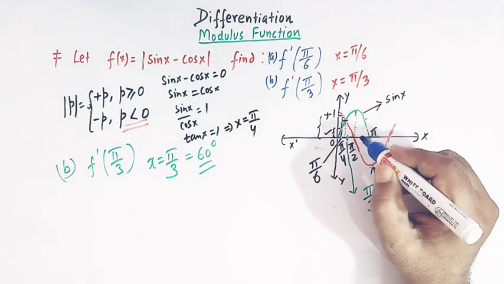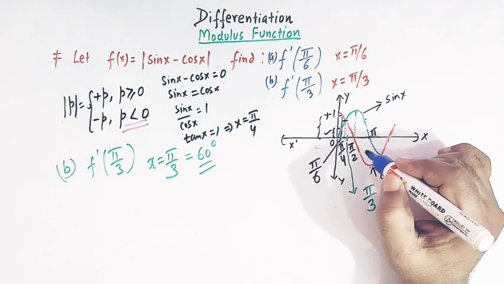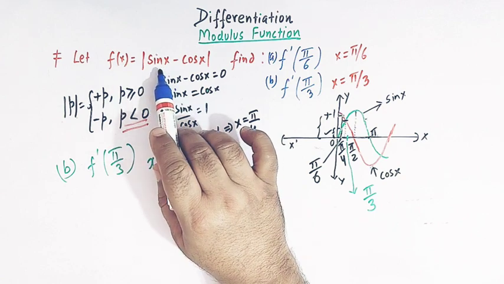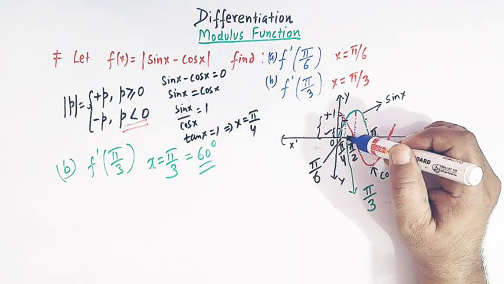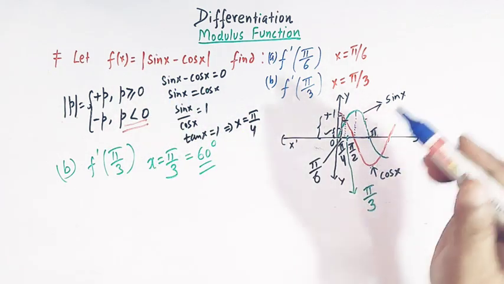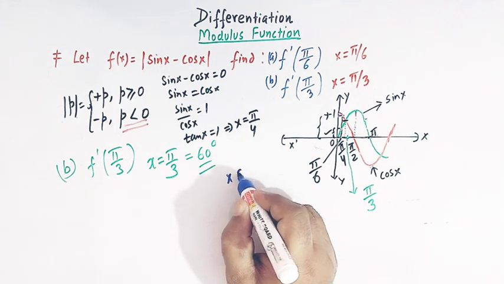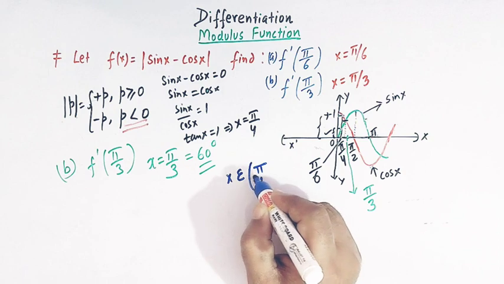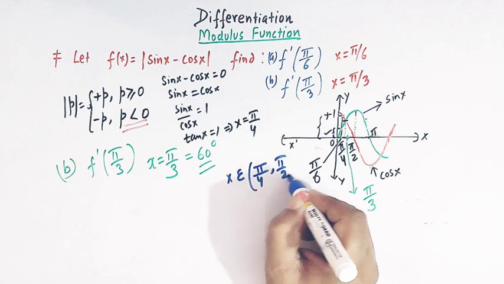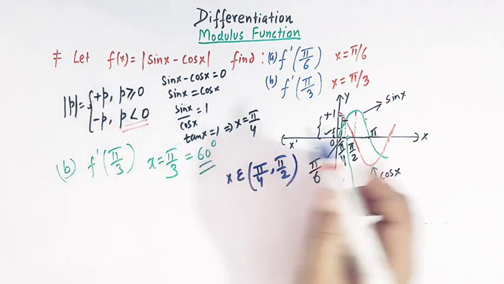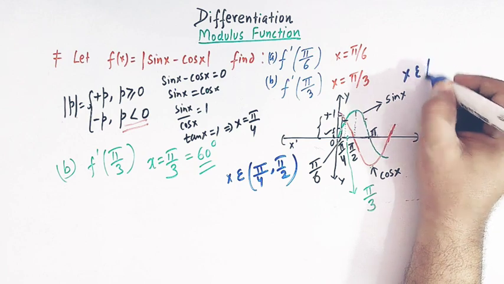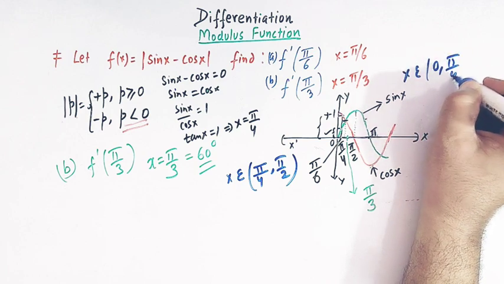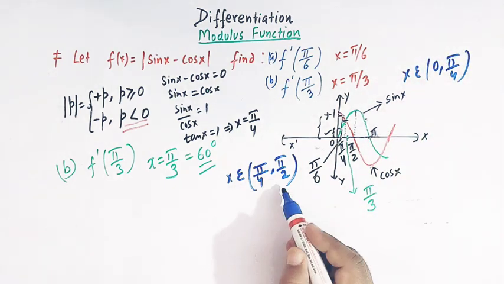So now let us see the value of sine x. Now see, this point is pi by 3. So now we have to consider the interval that is from pi by 4 to pi by 2. Earlier we have seen the interval 0 to pi by 4. Now we'll consider pi by 4 to pi by 2.